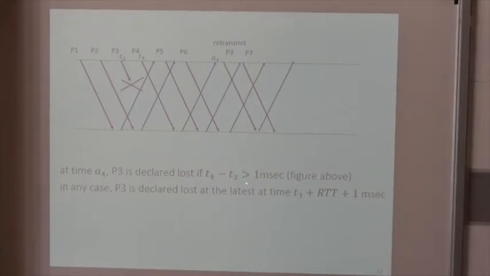But now with this, it's very likely that at time A4, when I receive an ACK for packet 4, packet 4 was sent later, and if the time difference here is larger than the reordering window, I mean, if we think that the reordering can make you gain at most 1 millisecond, for example, and if this is larger than 1 millisecond, then you know that this packet is lost.